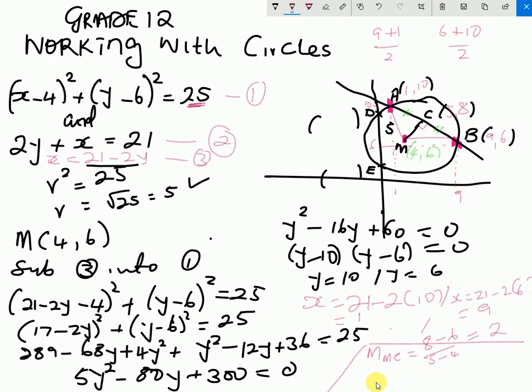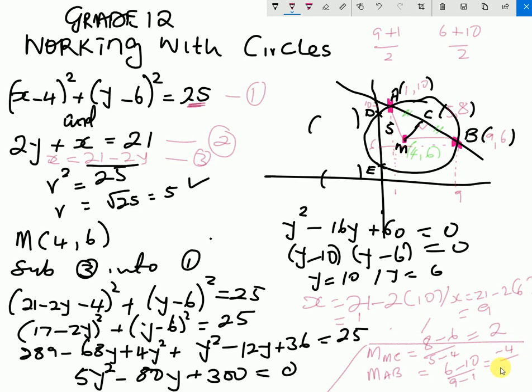Then let's check the gradient of AB. Gradient of AB: 6 minus 10 divided by 9 minus 1. So the top one is minus 4.